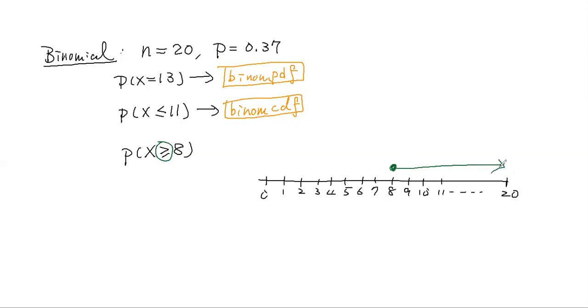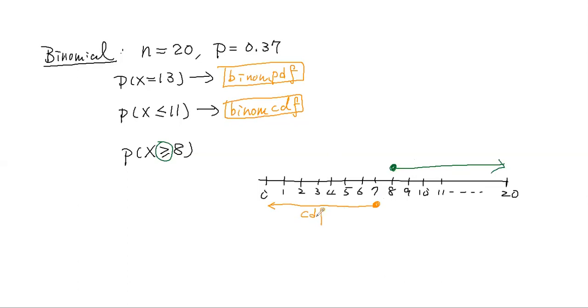But I only have the CDF for less than. I don't have the CDF for greater than. So I need to think about a way to do it. I'm looking for 8 to 20, and the only thing I know is from 7 and below.